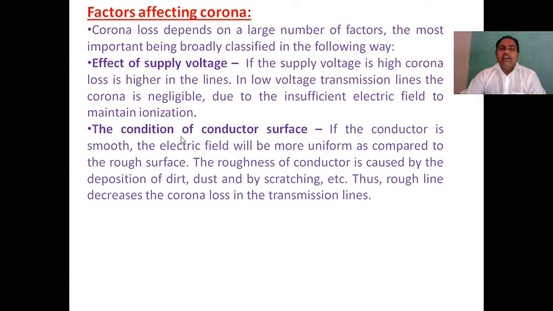The second one is the condition of the conductor surface. If the conductor is smooth, the electric field will be more uniform as compared to a rough surface.